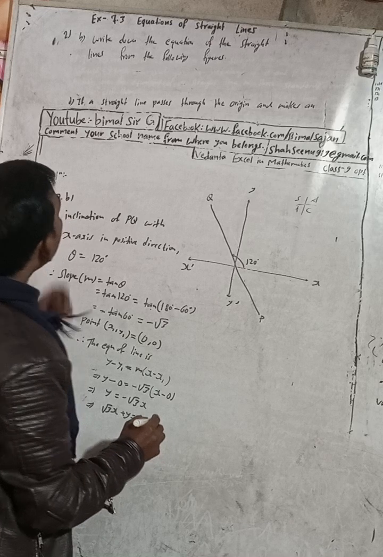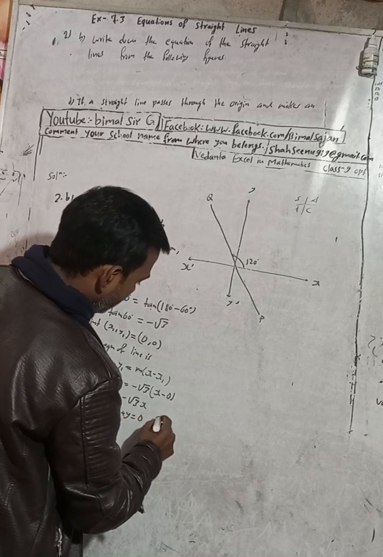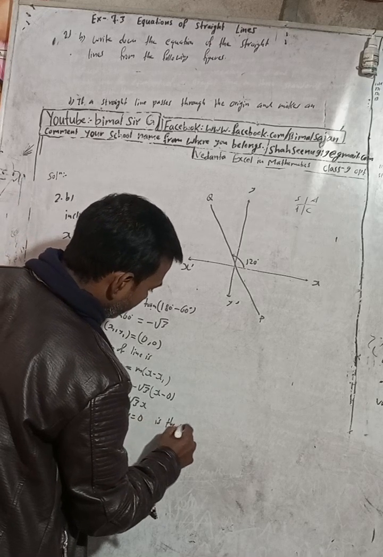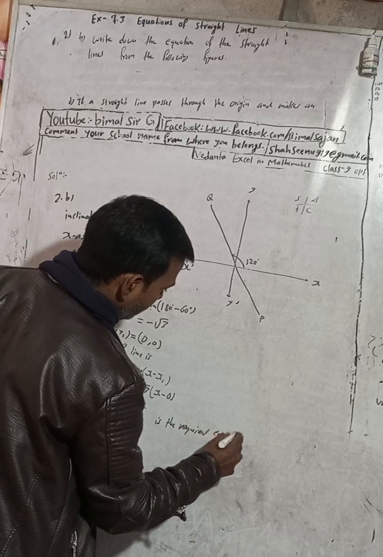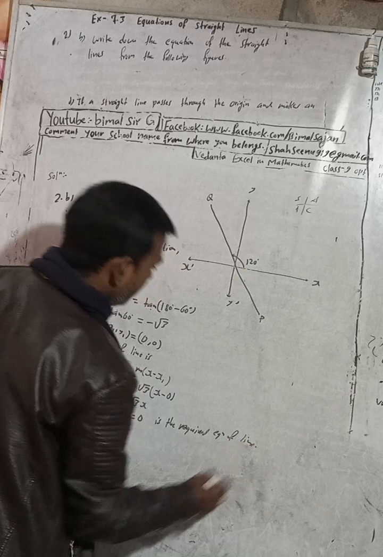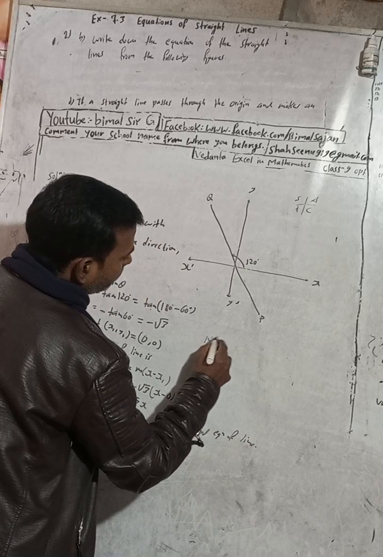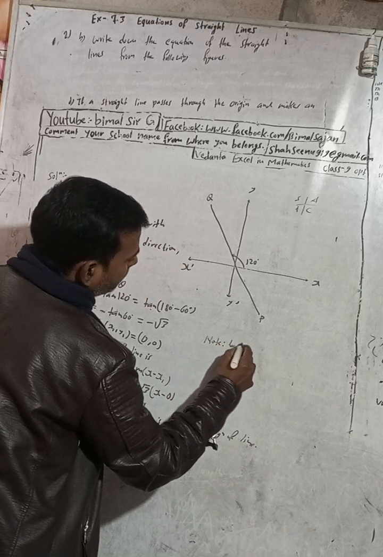So this is the required equation of the line. Note, the book answer is wrong.